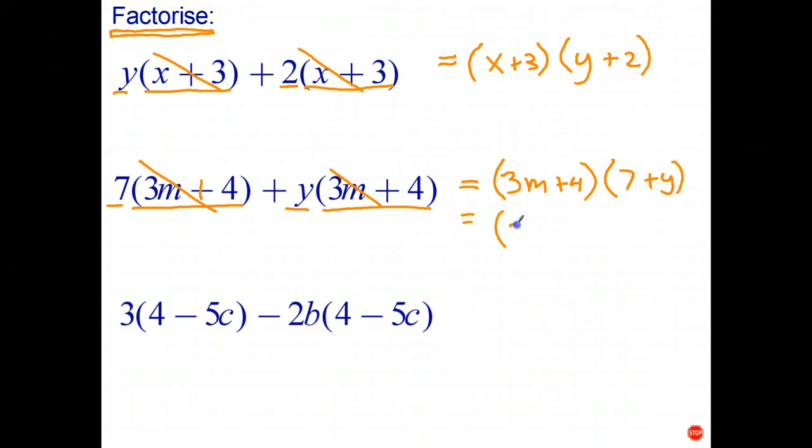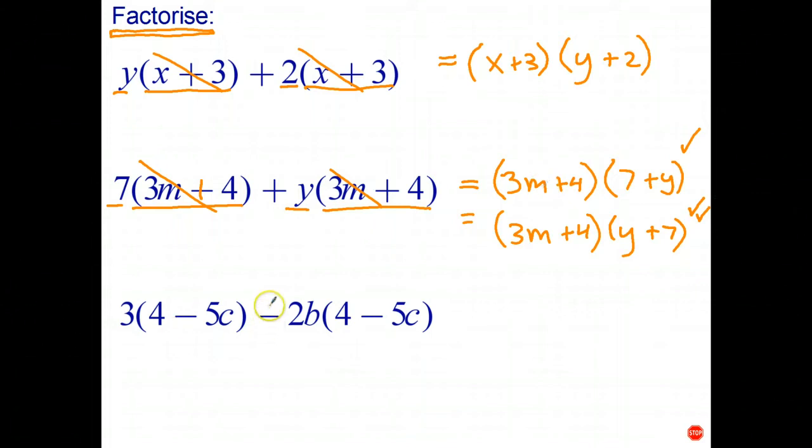By the way, there's nothing wrong with that first answer. Full marks from me anyhow. But more commonly we like to write the term containing the variable before the constant term. So probably most math teachers would say that's a preferable way to leave your answer, but both of those are correct.